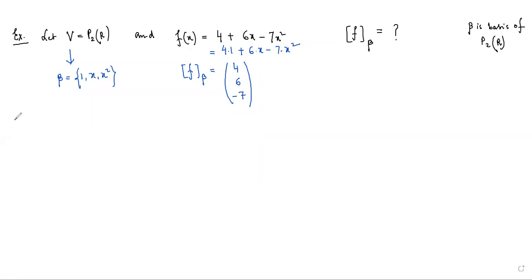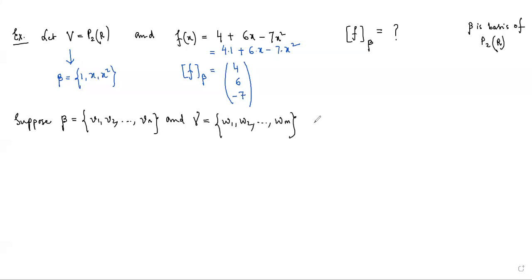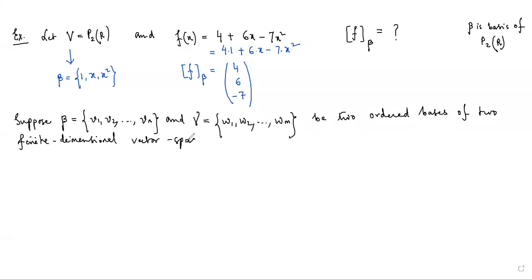Okay. Now suppose beta is equal to v1, v2, ..., vn, and gamma is equal to w1, w2, ..., wm, be two ordered bases of two finite dimensional vector spaces V and W respectively.